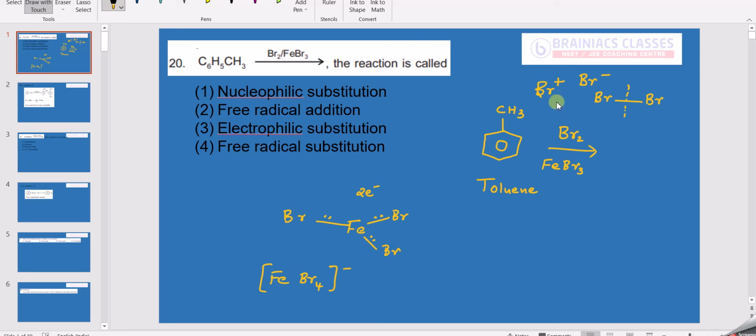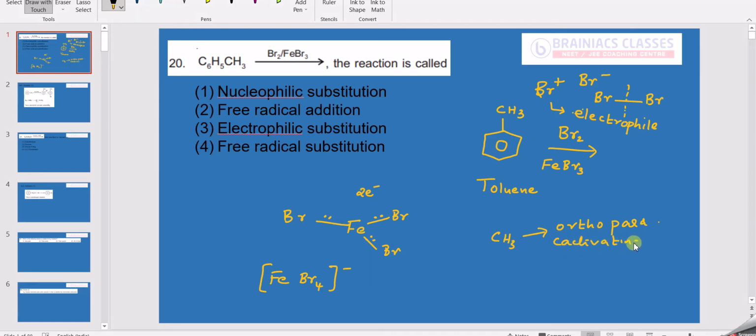Now we know that the bromonium ion is the electrophile during the reaction. And we know that the CH3 group is what sort of group? It is an ortho-para directing group. All ortho-para directing groups are mainly activating groups.